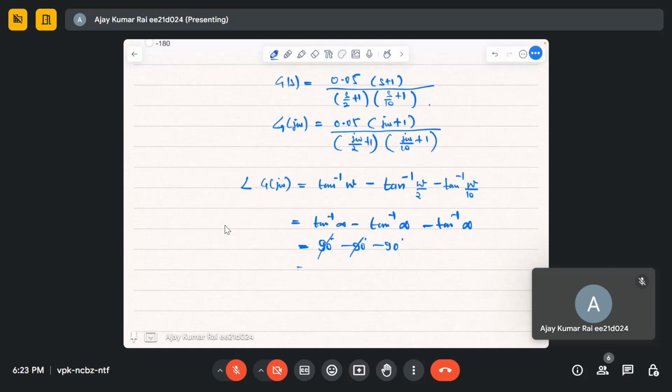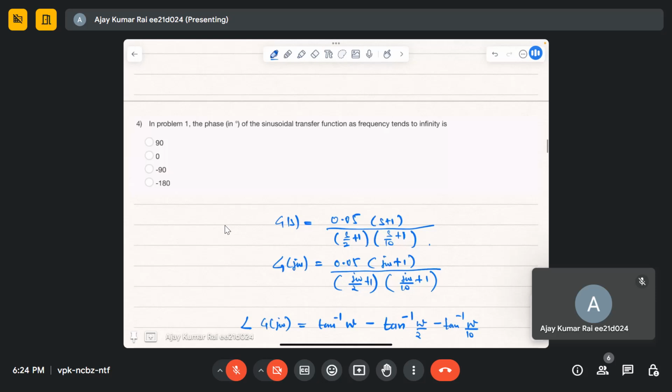So the phase of the sinusoidal transfer function is minus 90 as omega tends to infinity. This is also very simple. So the answer is minus 90.